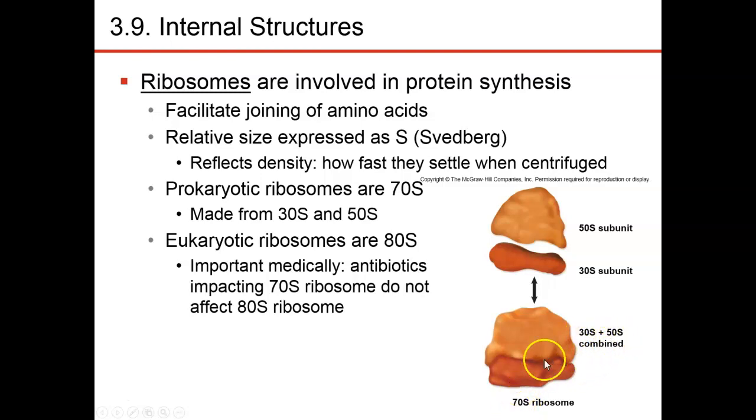I'm just saying this is the top, this number here is the bottom, but when you put them together, they make up a 70S ribosome. Svedberg units is the number that, if you were to use a centrifuge and spin them out, is where they would settle, at that 70 Svedberg units.